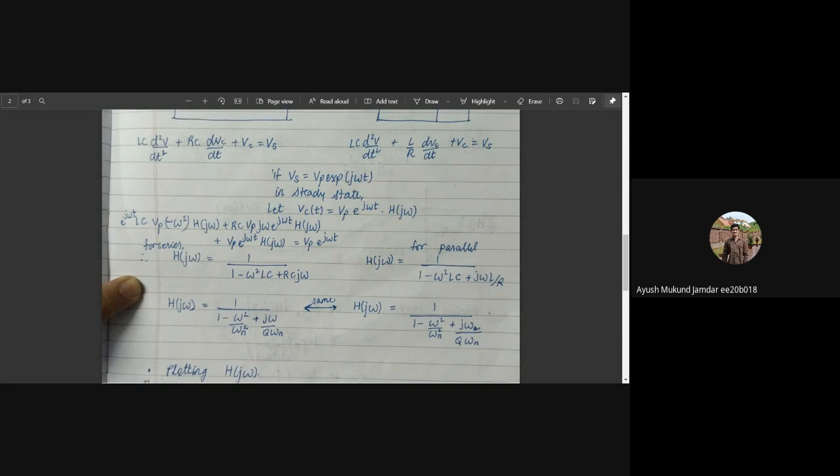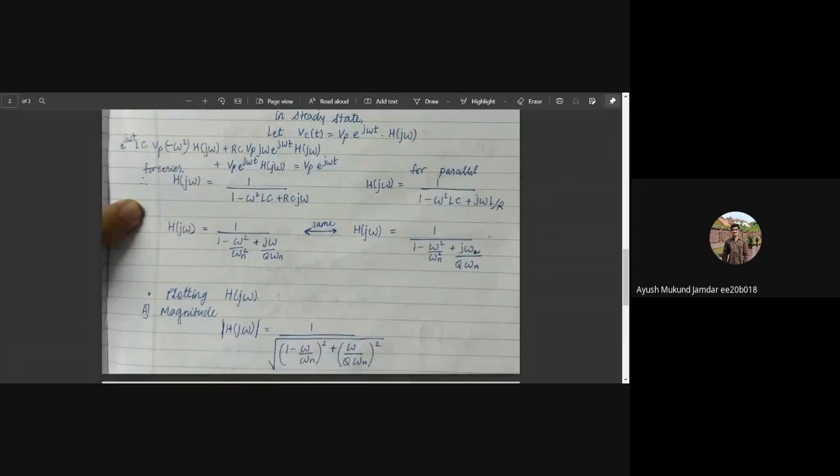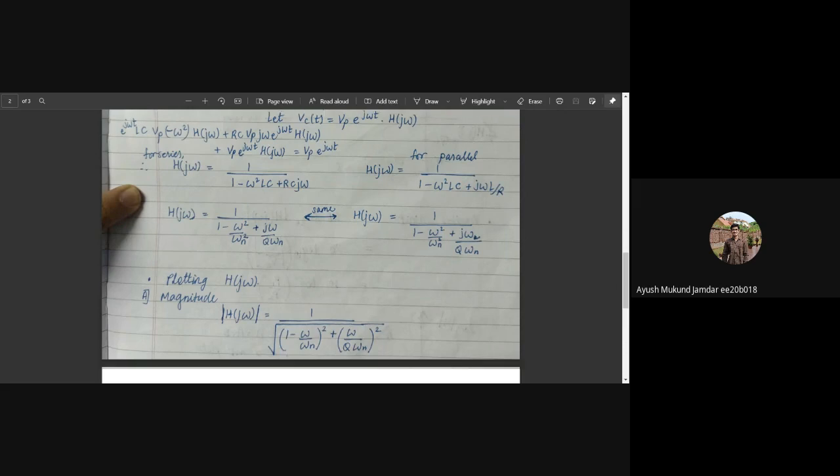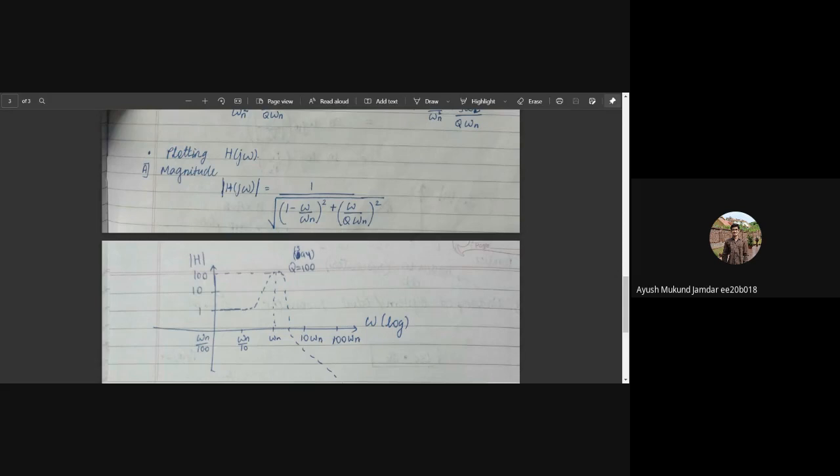But when we write it in terms of omega, omega n, and Q, we get the same equations for series and parallel. That justifies the generalizing substitution by the zeta and omega n parameters. Having done this, we can observe the gain, that is the transfer function, by plotting its magnitude and phase plots since it's a complex number.